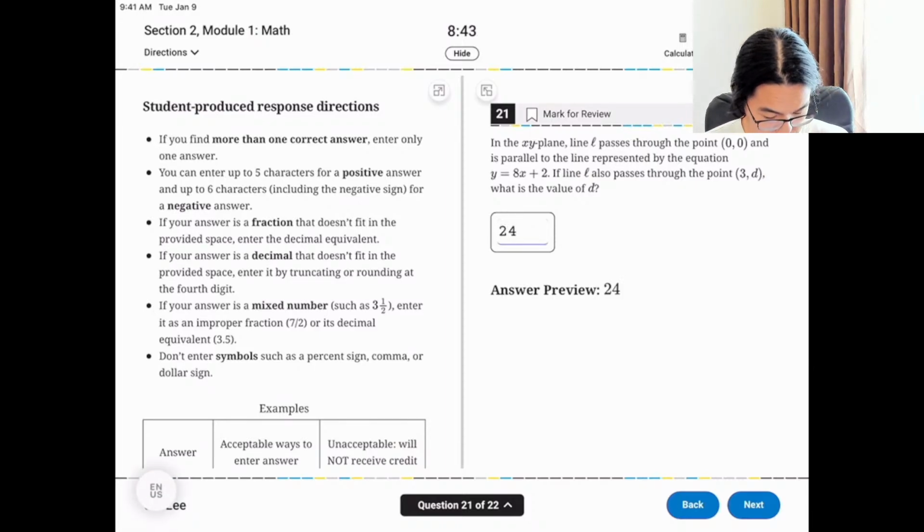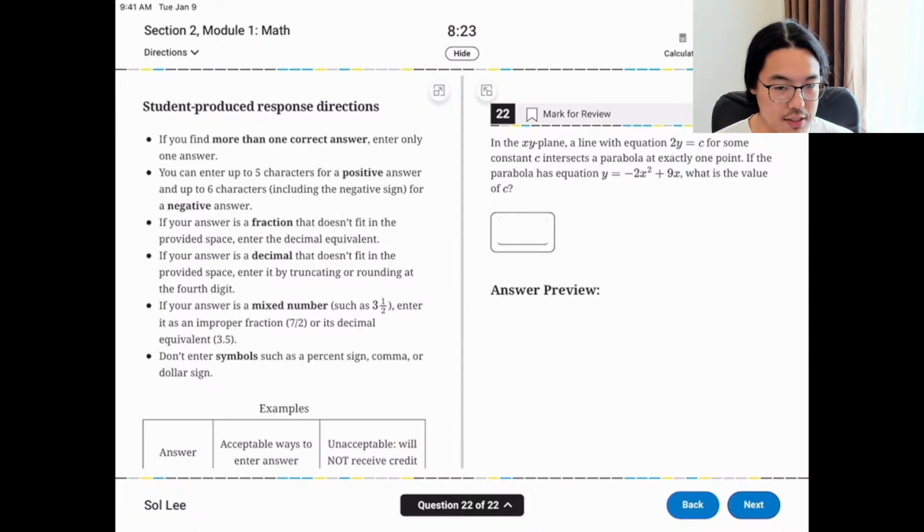Oh, you can type into it, that's crazy. y equals 8x, x is 3, therefore y is 24. Okay, cool.